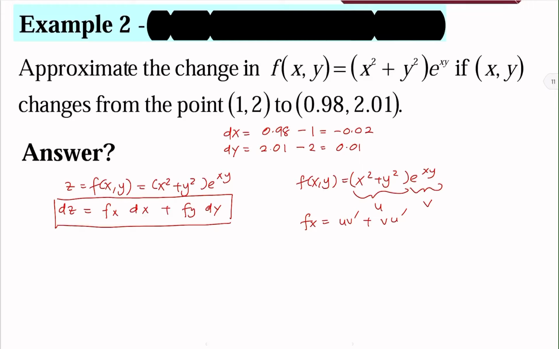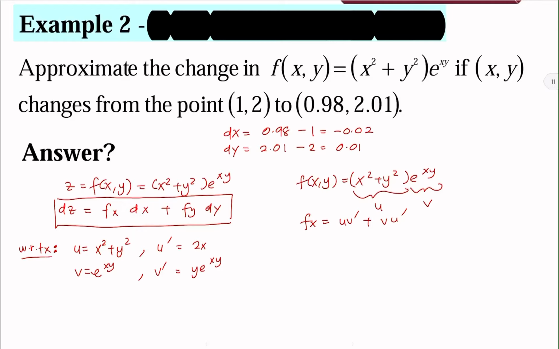So when u is equal to x squared plus y squared, u prime becomes 2x. When v is equal to e^(xy), v prime, with respect to x, will be y e^(xy).